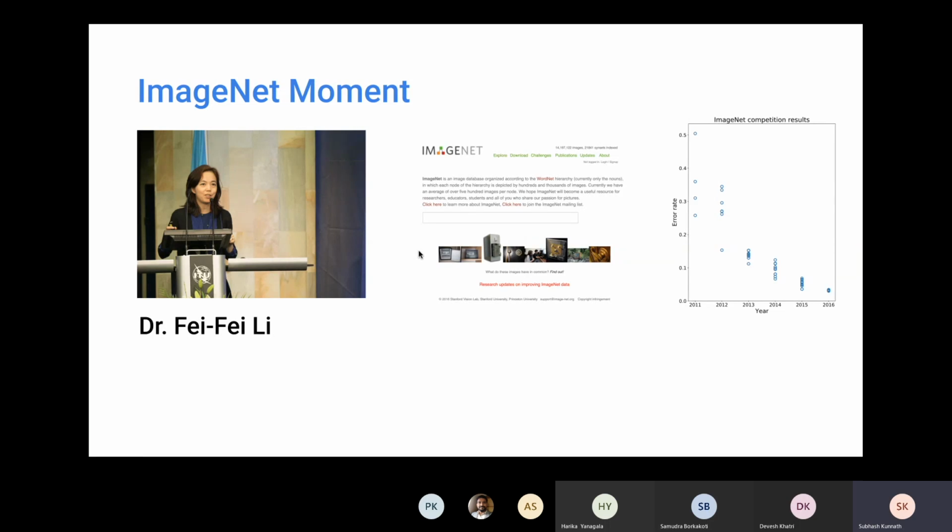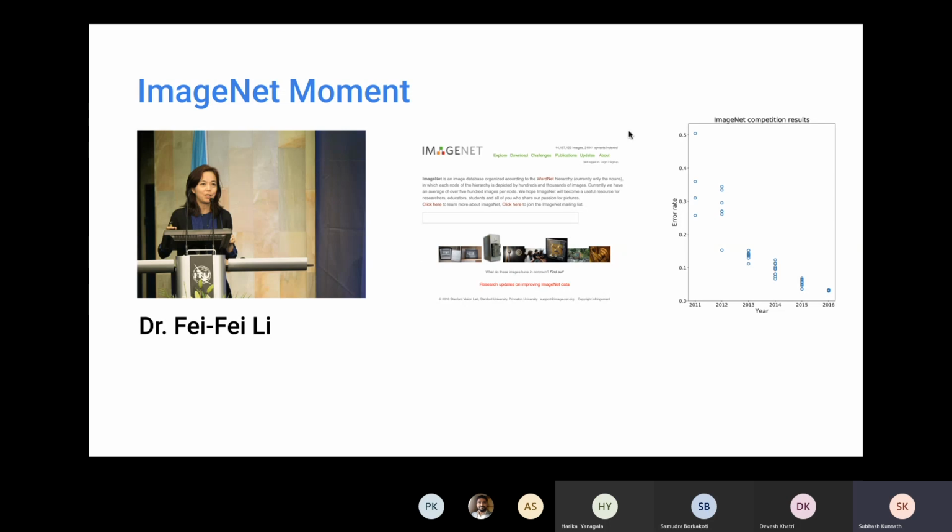In this ImageNet challenge the data is available and there are submission deadlines, and people from different universities or groups compete, submit results and then publish papers.